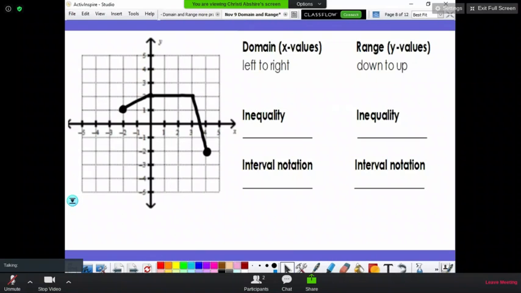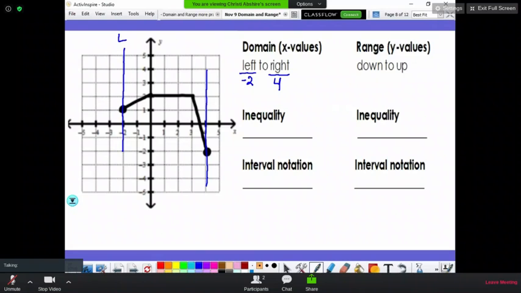First thing I want to do is I want to talk about the domain being left to right. So the farthest left that this line goes is -2. The farthest right that this goes is to the 4.